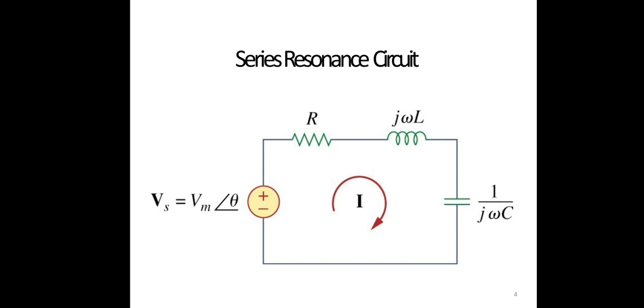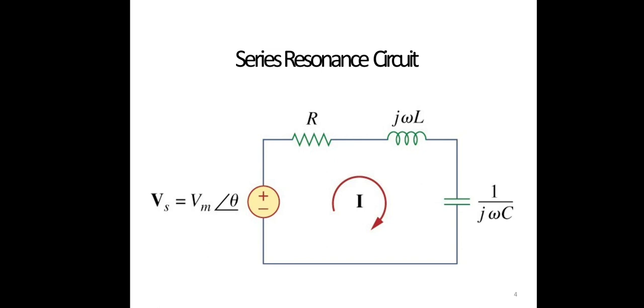The inductance and capacitance are both linked with frequency variations, so the reactance of the capacitance, 1 by j omega C, also accounts for frequency. The total impedance is Z equal to R plus j omega L plus 1 by j omega C. This is the total impedance of the series circuit.